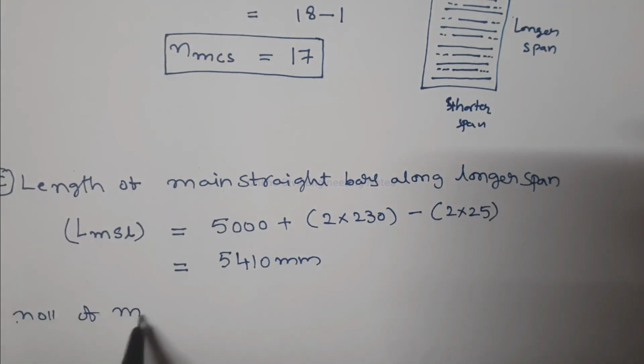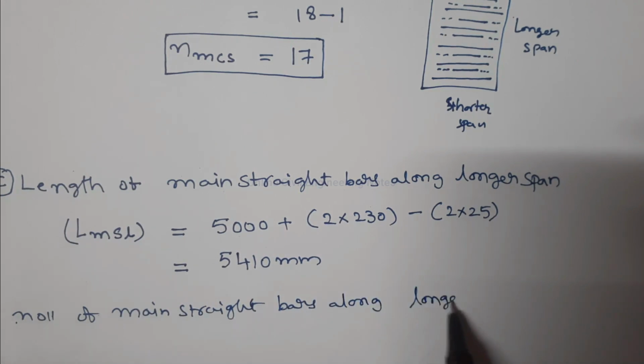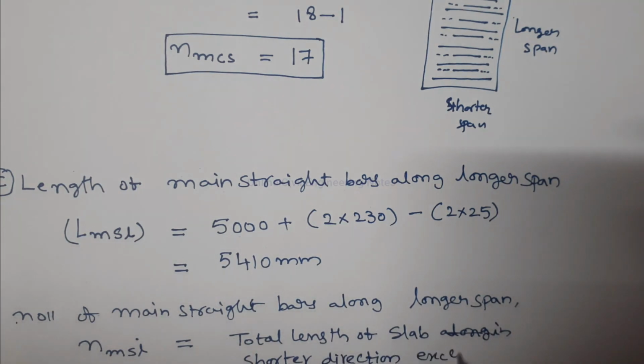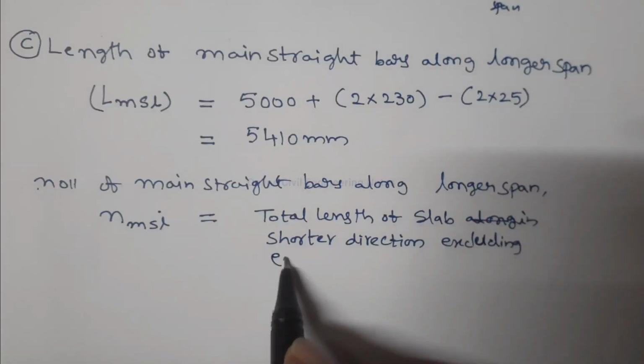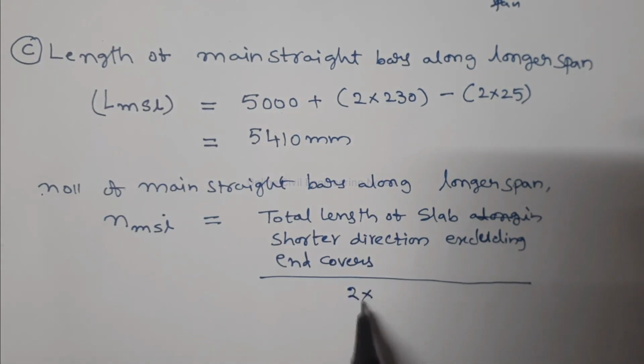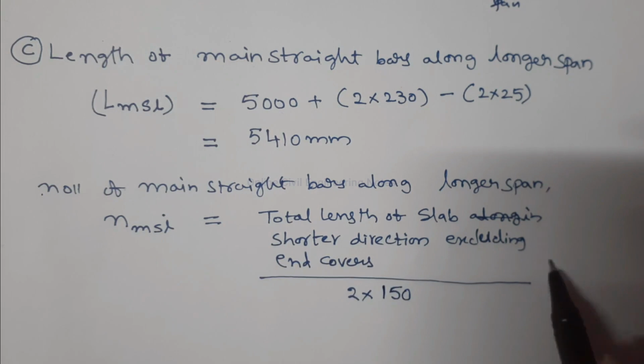Number of main straight bars along longer span is equal to total length of slab along shorter direction excluding end covers divided by 2 times spacing of these main straight bars in longer direction, which is equal to 150 mm, plus 1.